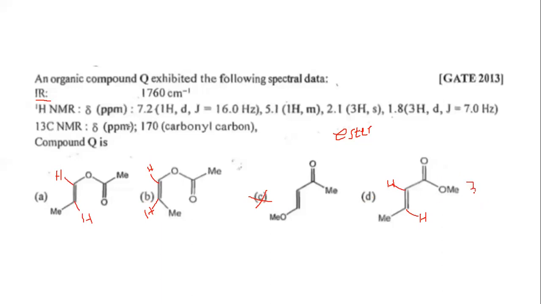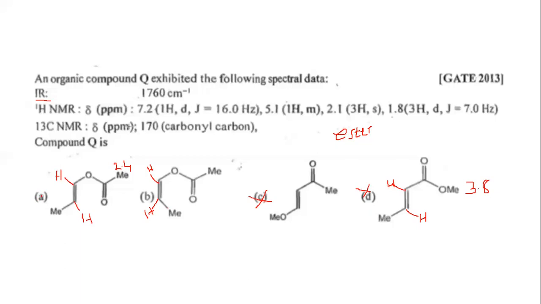The OMe will appear at around 3.8, and the methyl attached to a carbonyl, generally we get around 2.2 to 2.4 delta. So from the NMR values, we can eliminate D over here. And the leftover options are A and B.